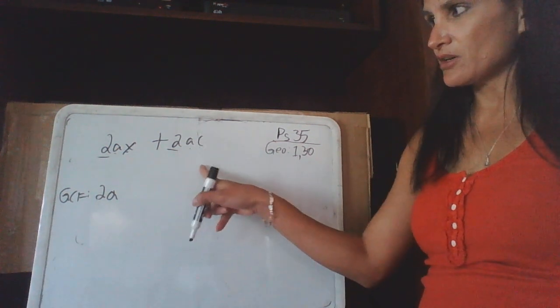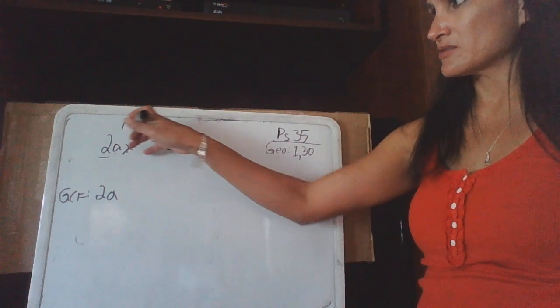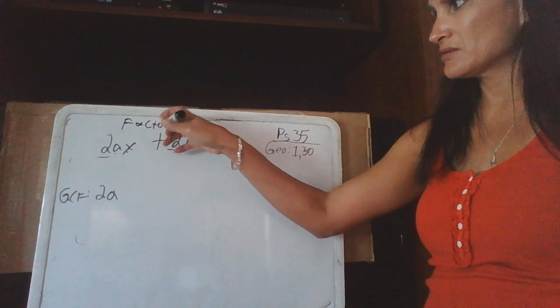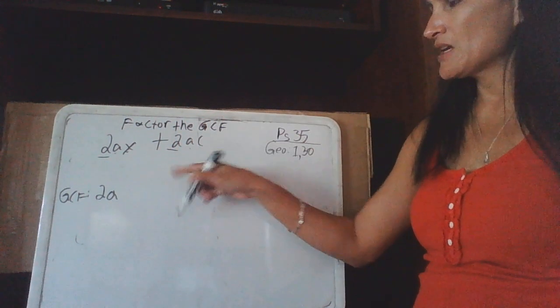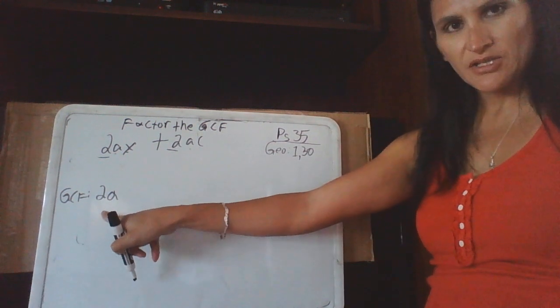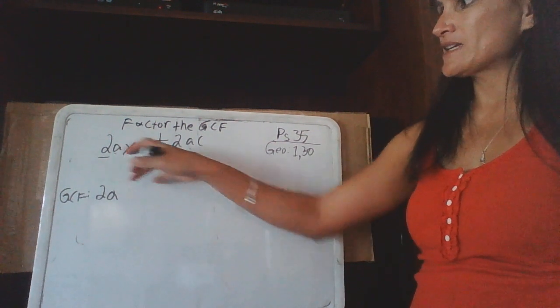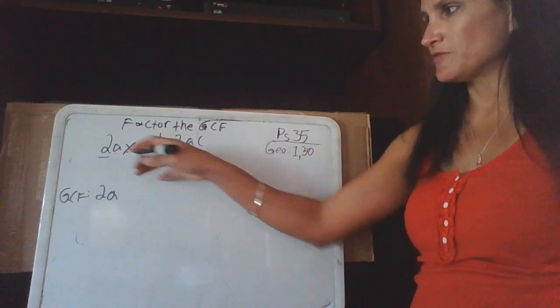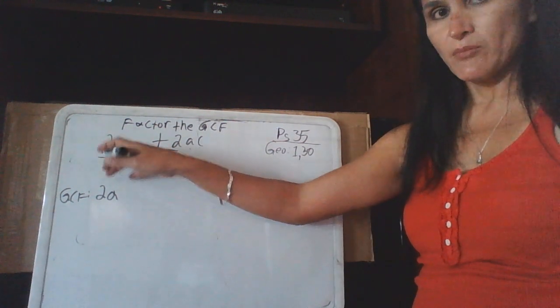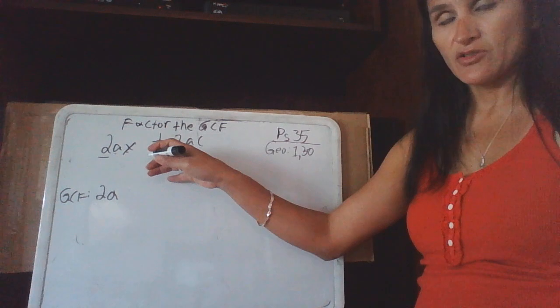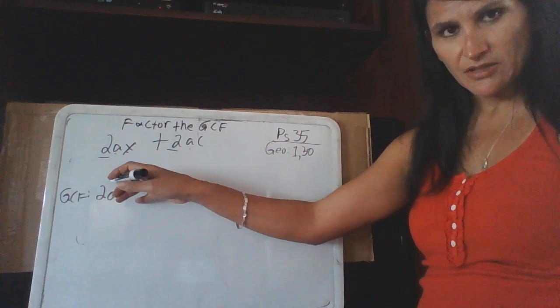So the way you start factoring the common factor, let me write that down. Factor the GCF, okay, is you start by writing the GCF, and then you take it out of each expression by dividing by it. In other words, the inverse of multiplication, which is what you use for the distributive property, is going to be division, okay?